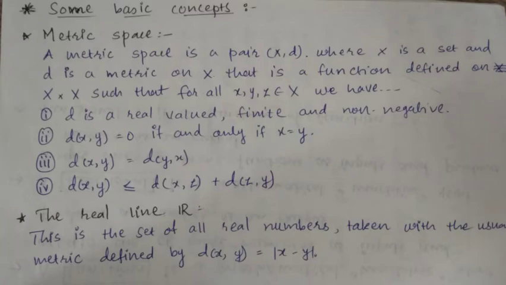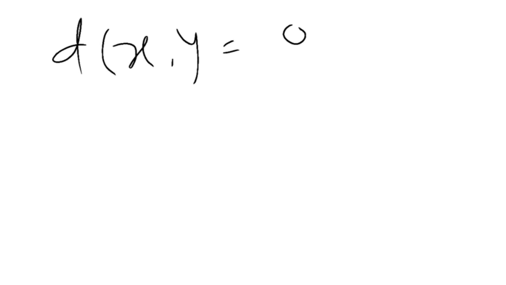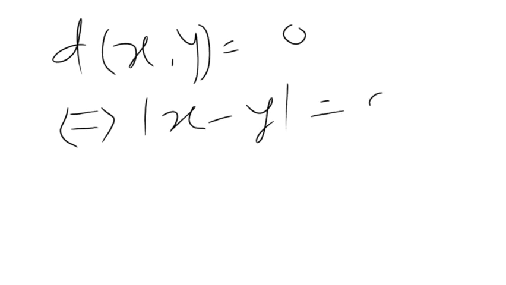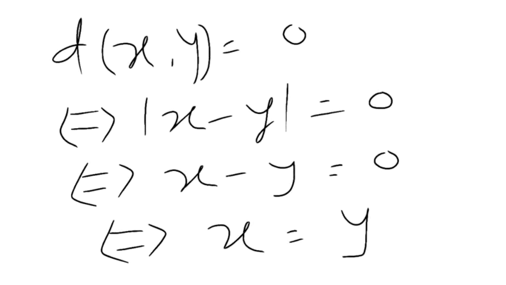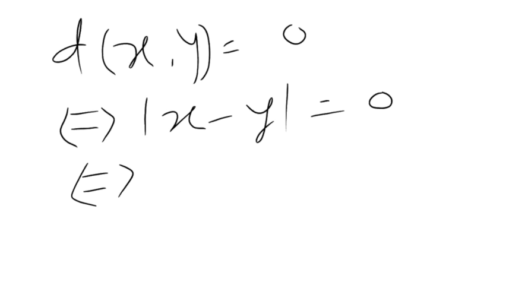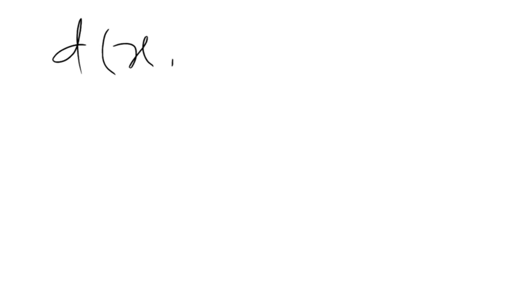For that, I have to prove that d(x,y) is 0 if and only if x is equal to y. Using the definition of the metric, I have defined d(x,y) as modulus of x minus y equal to 0. This is possible if and only if x minus y is 0, that is, if and only if x is equal to y. So the second property is proved.